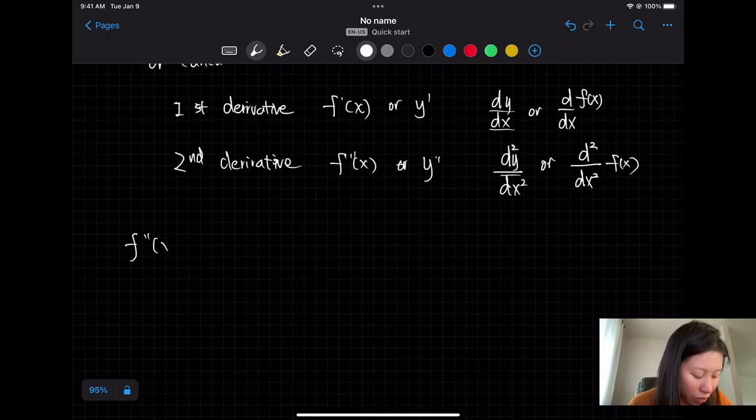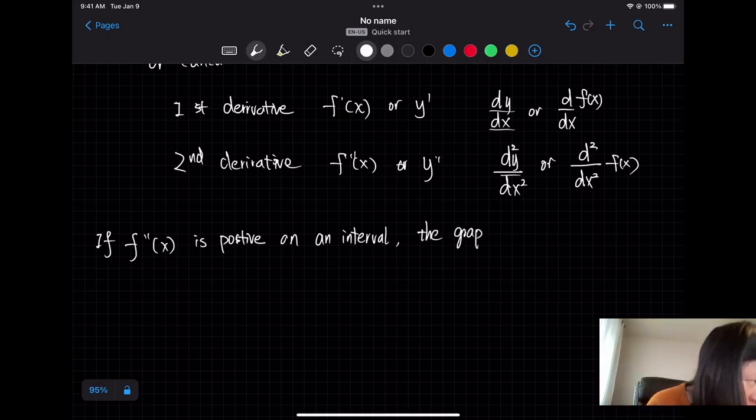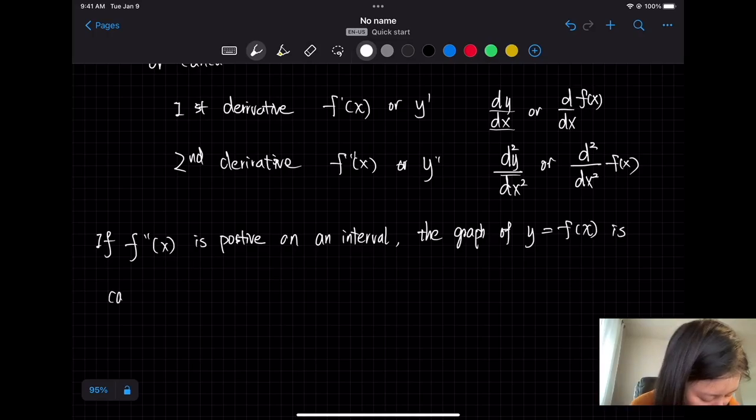For the second derivative, if the second derivative is positive on an interval, then we can say the graph of y equals f of x is concave up on that interval.